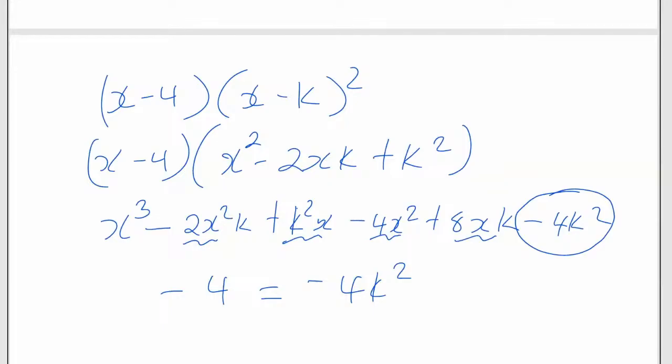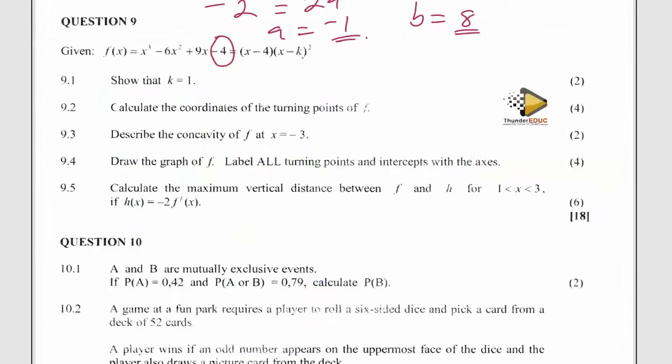I'll divide both sides by negative 4, which means k squared is 1. And then I'll find the square root, which means k is 1. There are other alternatives of how to do that. You can factorize this left-hand side and then equate, whereby the k will come out automatically from this side.